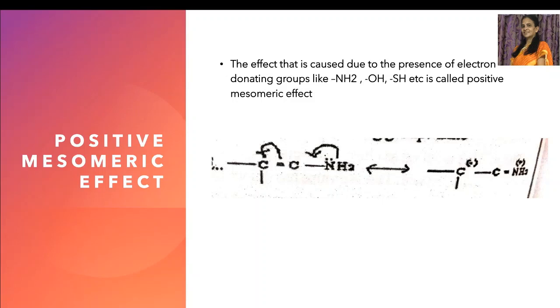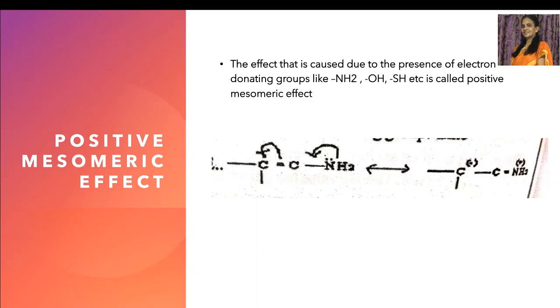Then what happens? The pi bond electrons here, the double bond is present in between these two carbon atoms. The pi bond electrons are transferred towards the carbon atom. Now let us see the resulting structure. So this NH2 gets a positive charge, and this carbon gets a negative charge.